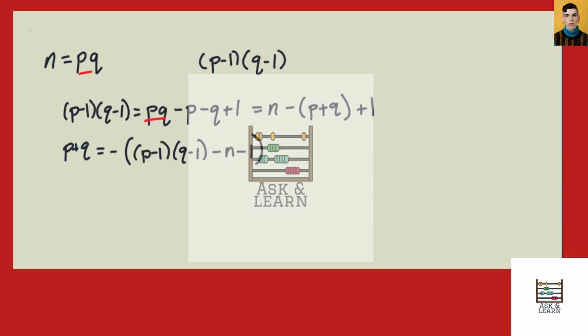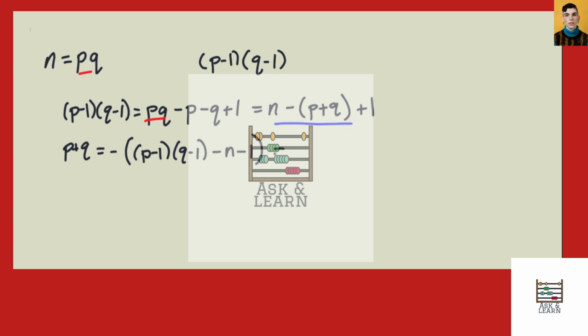Okay, and so we get that from this expression here. Knowing that this expression is equal to (p minus 1) times (q minus 1), I subtracted the n, subtracted the 1, and then multiplied everything by negative 1.